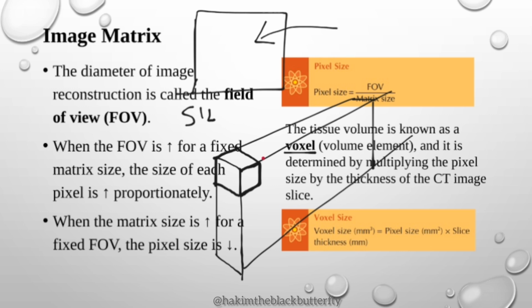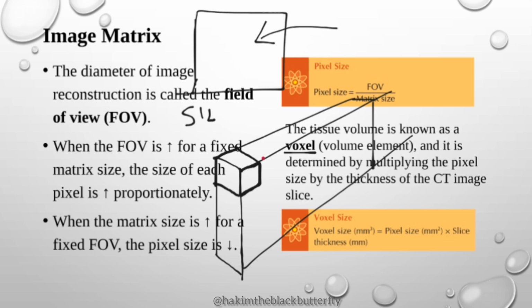Smaller slices have better spatial resolution, but their problem is noise. In order to counter that noise, if you're going to use smaller slices to improve spatial resolution, increase also the technique.